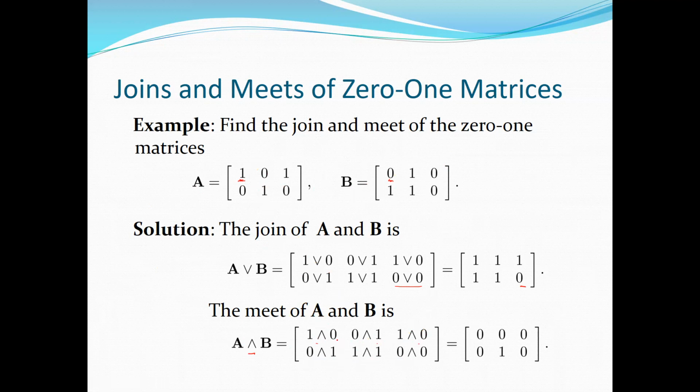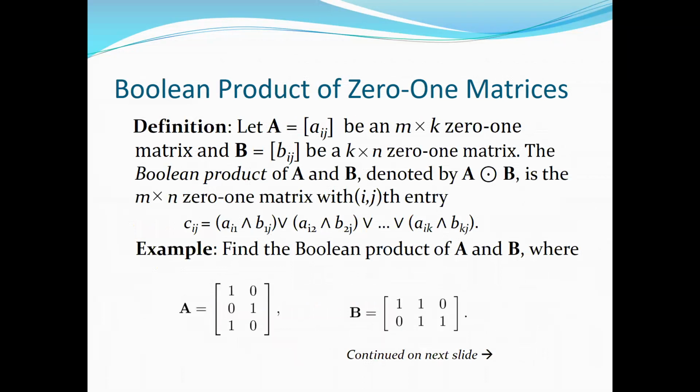So we know that this will be 1 only when both are 1. I mean, this value will be 1 only. All others are 0. 1 and 0 is 0, 0 and 1 is 0, 1 and 0 is 0, 0 and 1 is 0, 1 and 1 is 1 only, and then 0 and 0 is also 0. So this operation is called the meet operation, and ORing is called the join operation, right?